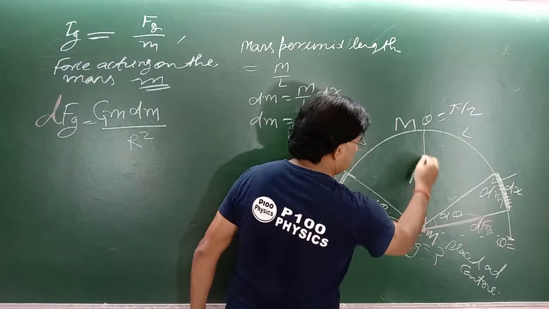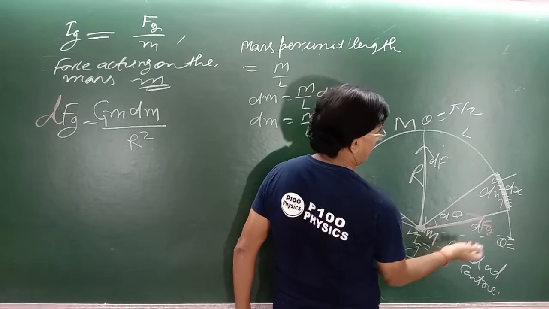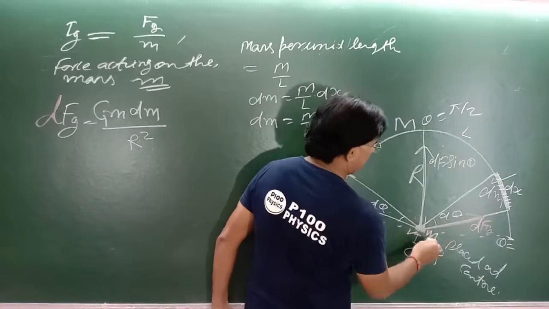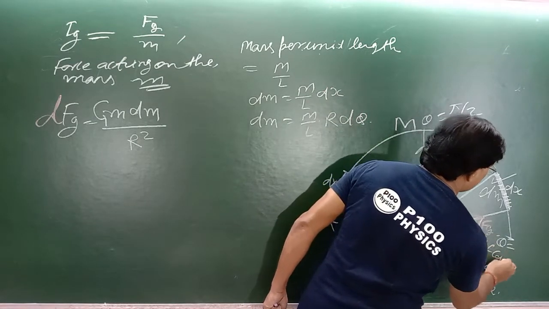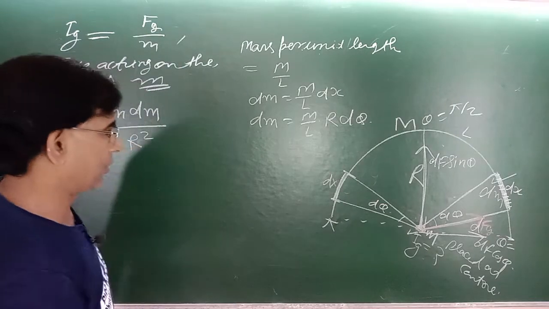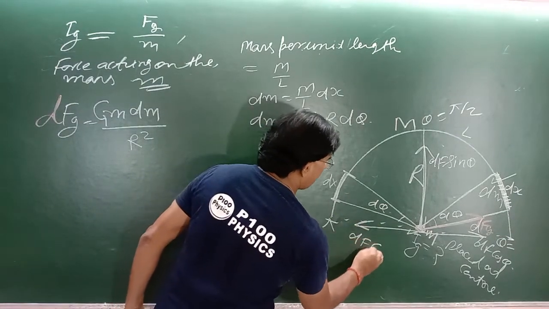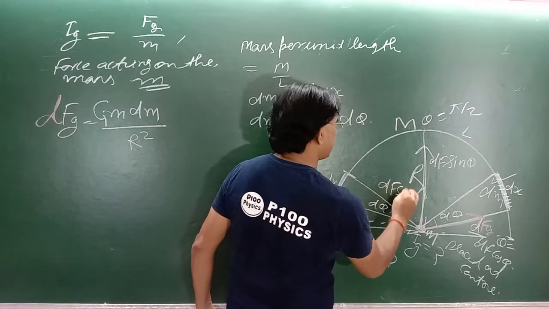Then the components of this here will be df sin theta and df cos theta. Here also df cos theta, and this is the df sin theta.